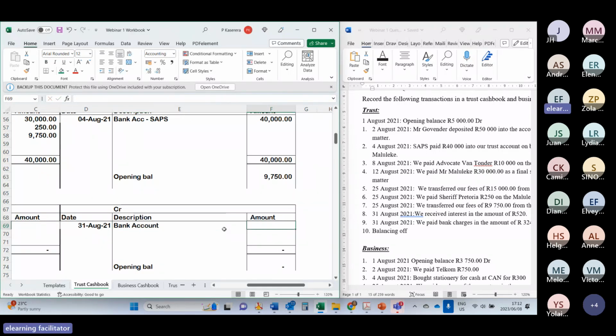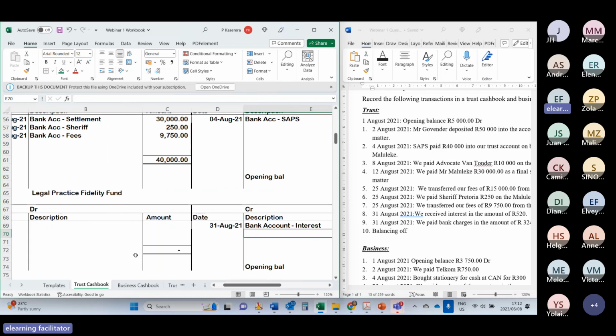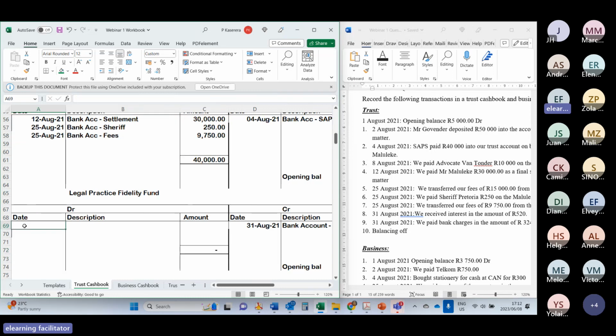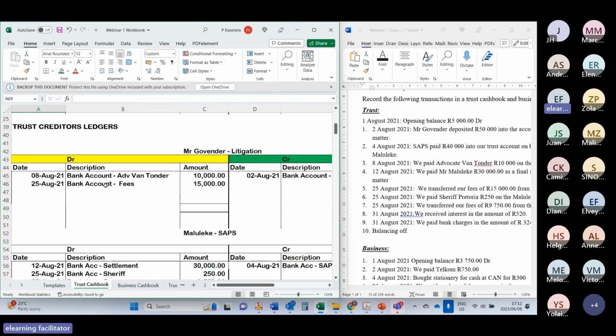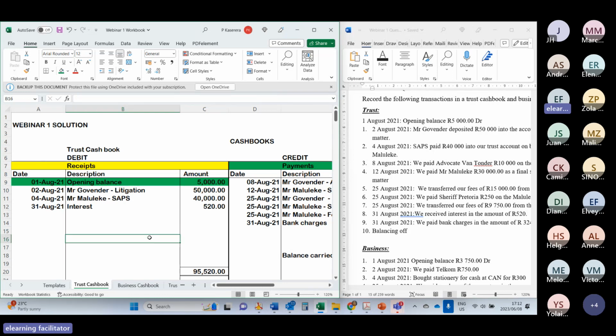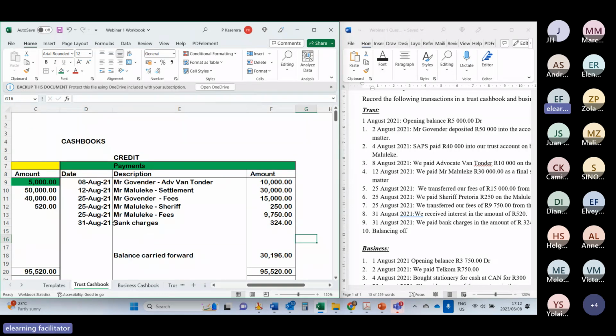It's interest. So the fund becomes our creditor and 520. Because the fund allows law firms to deduct bank charges, if we go back to our cash book, here are our bank charges.